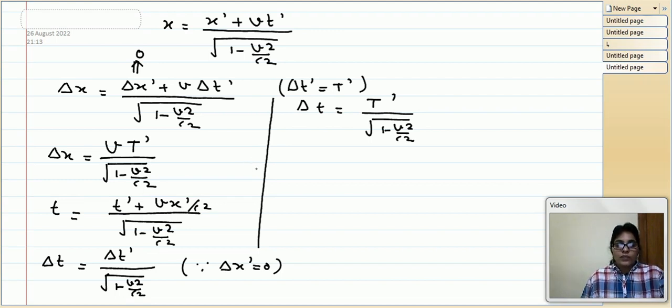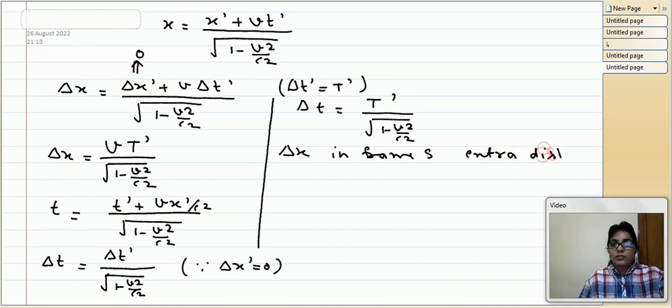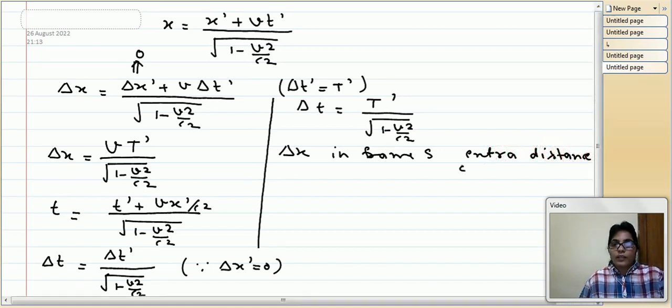So one pulse is created at t equal to 0, and then another pulse is created after some time at t equal to T. So the second pulse will move some extra distance delta x in frame S. This is the extra distance covered by the second pulse to reach O dash.